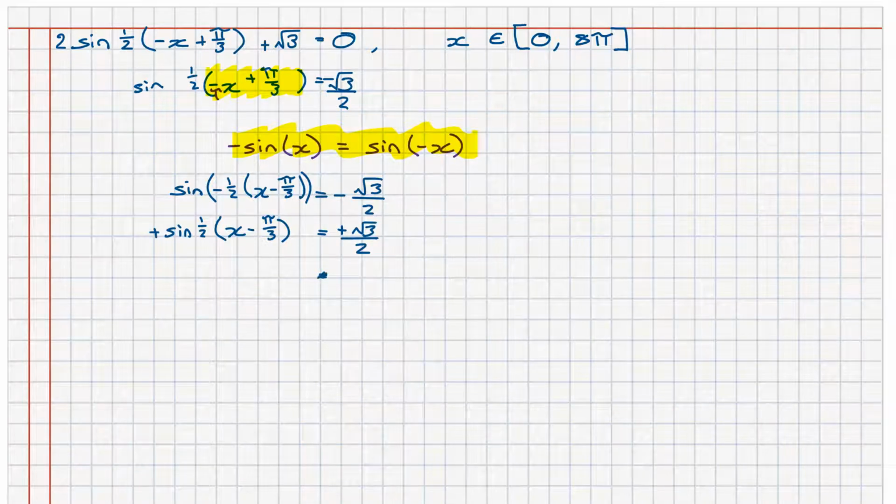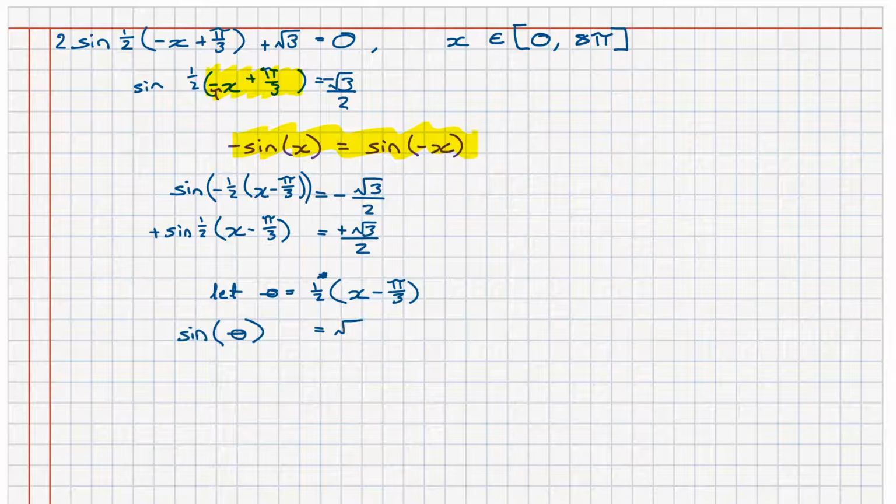And then the next step is we're going to let theta equal a half times x minus pi on 3, and this will remove the translation and the dilation just for now. So what we're left with is a form that's much easier to work with, so I'm sure we all feel much more comfortable solving this particular problem here.